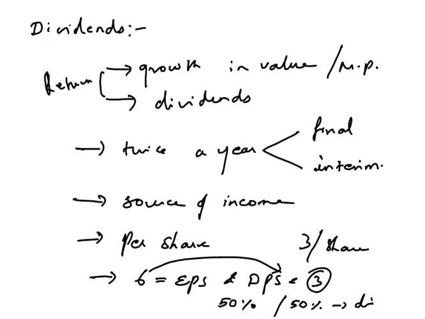However, it is not like every time the company will be distributing dividends, because the directors have the discretion or the power to decide how much of a dividend to declare and how much we should actually pay as a dividend, or should we not pay at all.